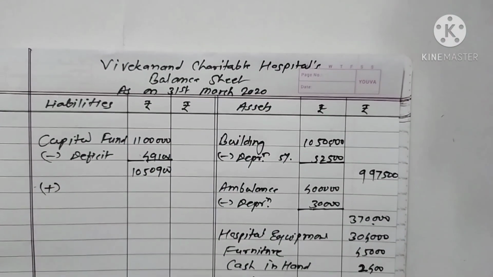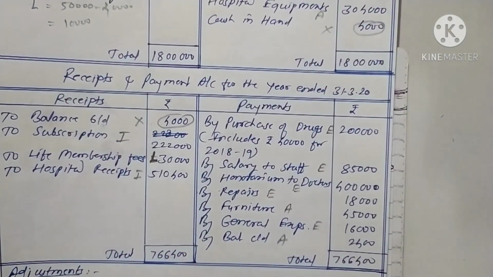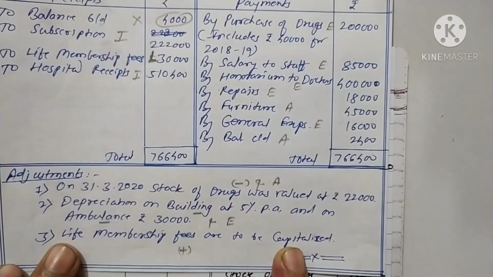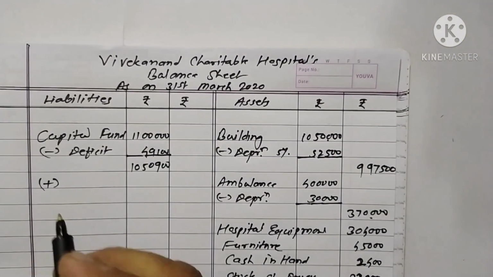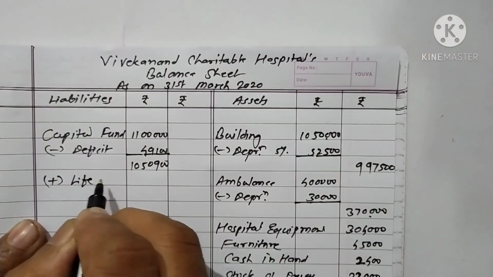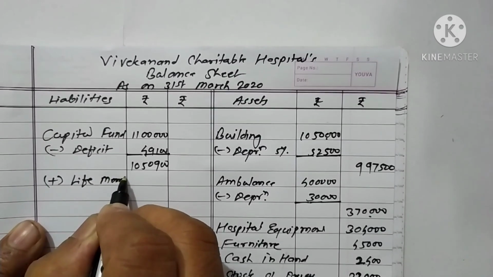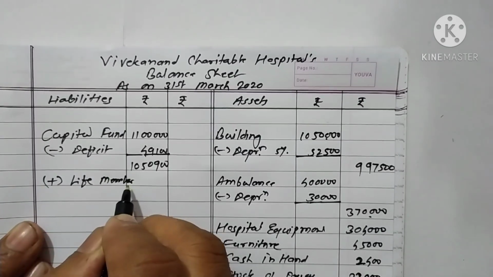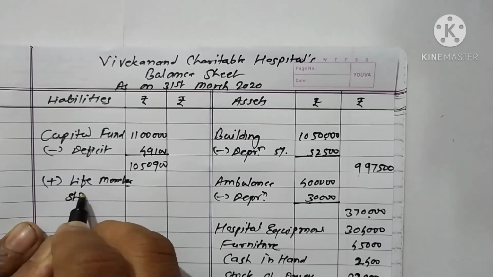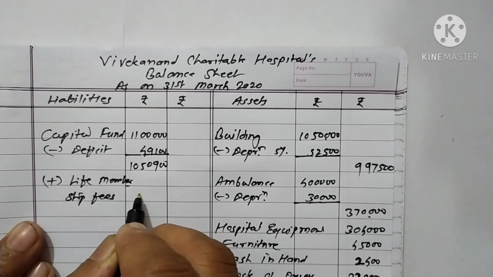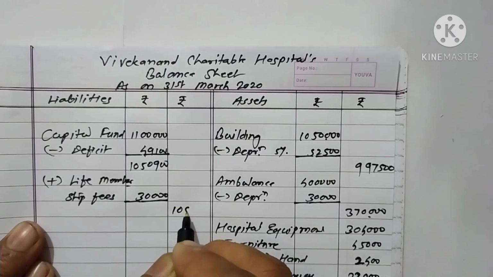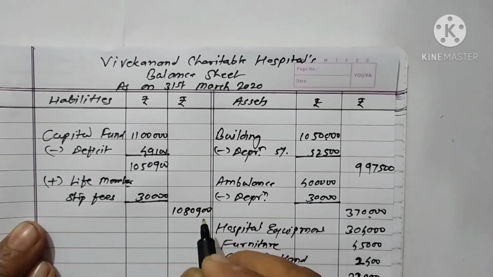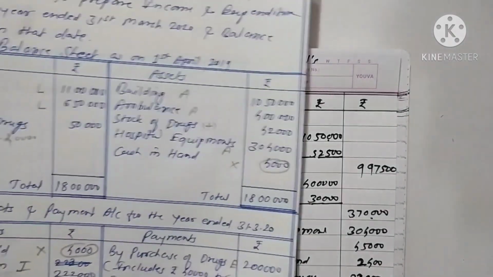Again, we have to add the life membership fees, the amount of which is 30,000. Add life membership fees 30,000. The total comes to 11 lakhs 25,100. Now see the next item.